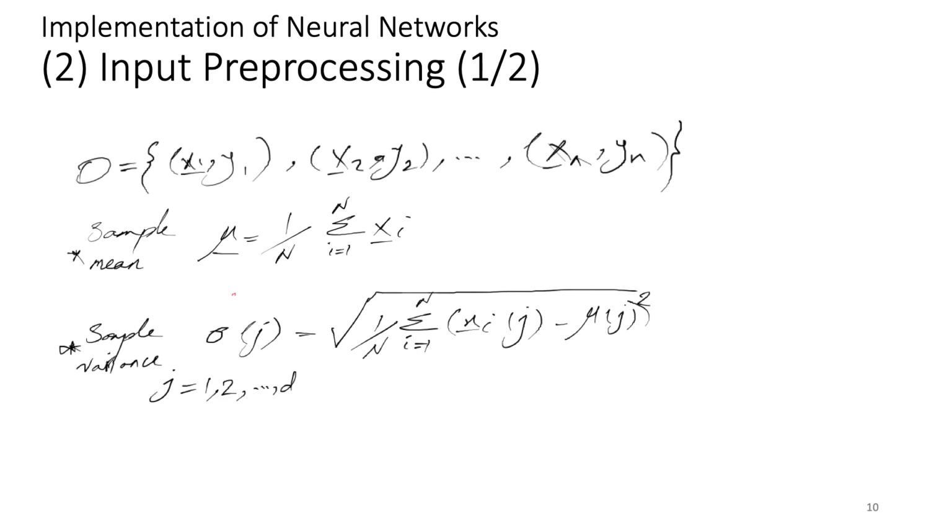It is the sum from j from 1 up to D of the distance between each of your points and the mu you found from the mean, squared and divided by n, with a square root on top.